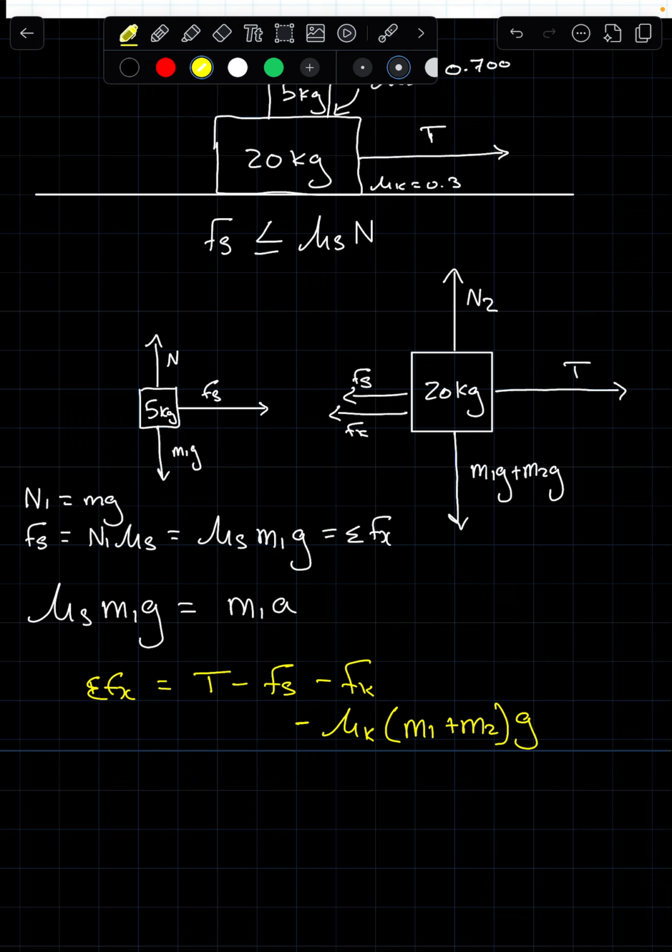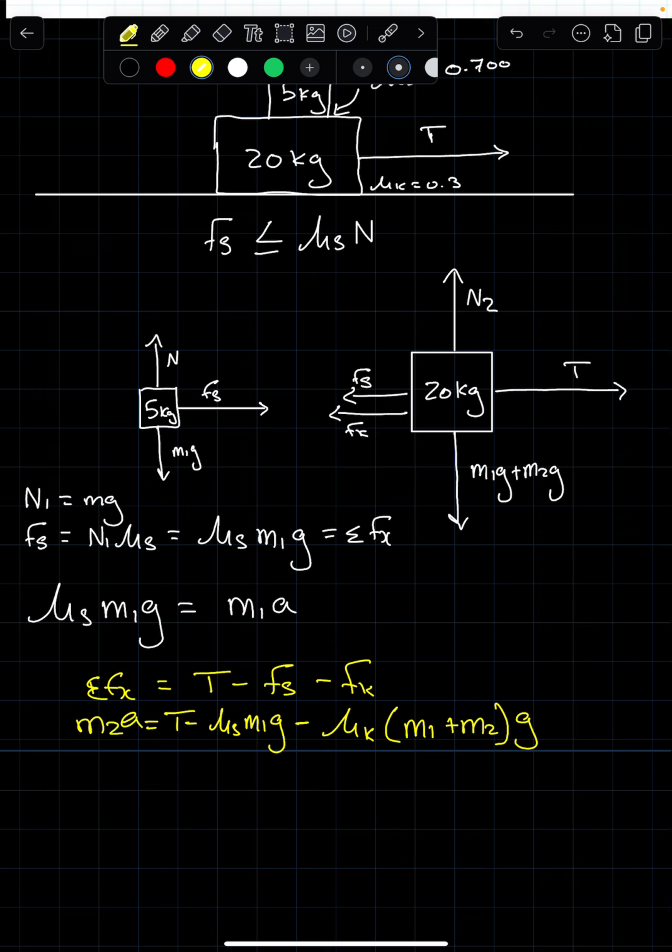Subtract the static friction, which we already wrote up as mu s M1g, which all equals, due to Newton's second law, M2a.